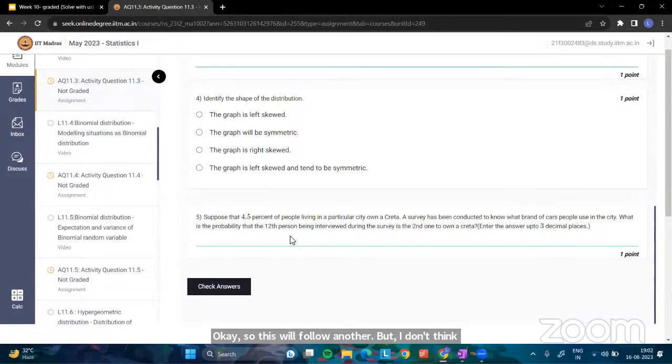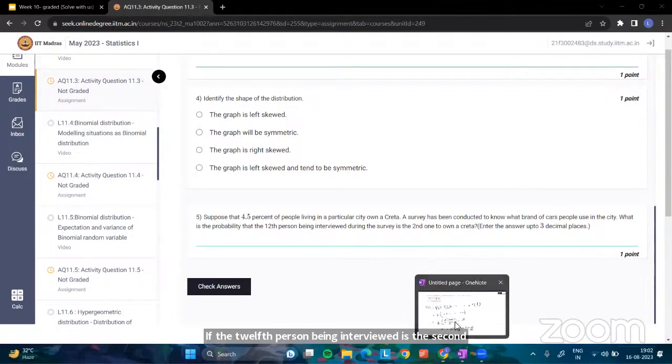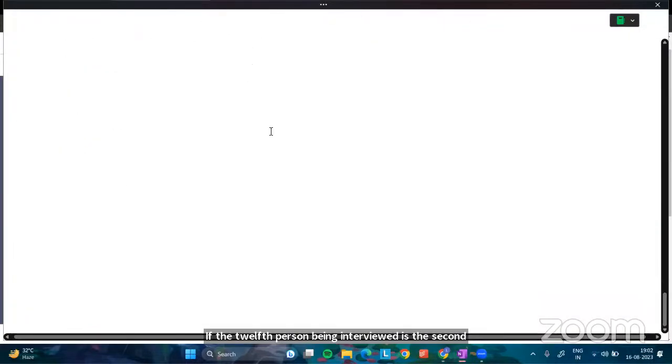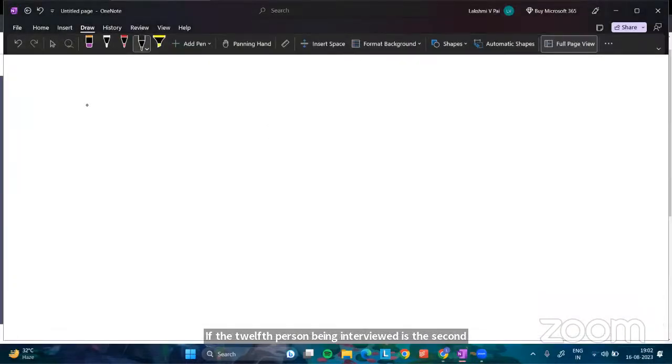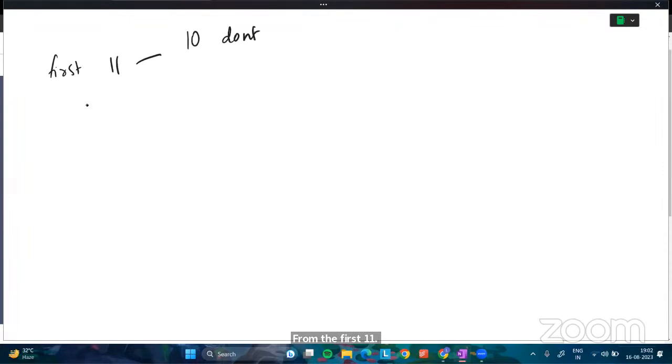So what you can do is, if the 12th person being interviewed is the second one to own a Creta, then we can say that from the first 11, 10 don't own one, and 1 owns a Creta, right? Yes, ma'am. That's why the 12th person owns one. And this will be the second person.